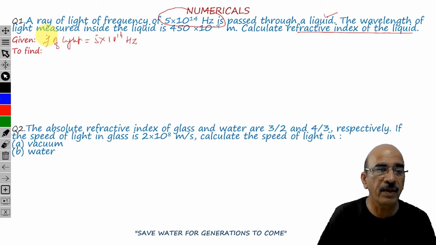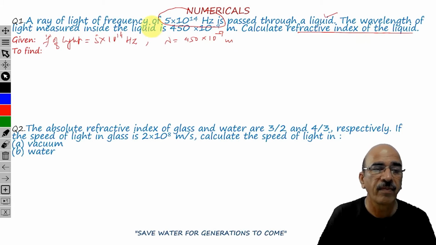Wavelength of light, lambda, is 450 into 10 raised to minus 9 meter. We need to find the refractive index mu of the liquid, L meaning liquid here. So now solution.